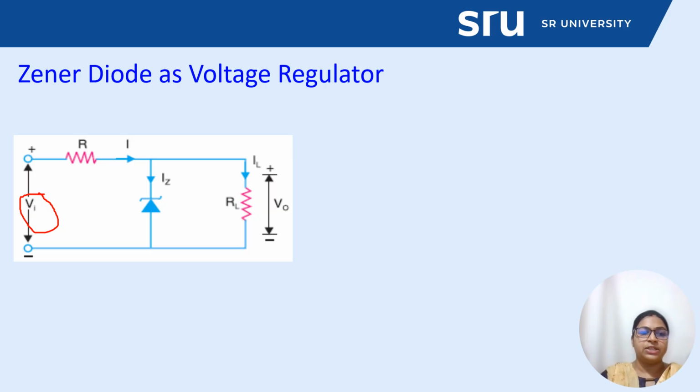The current flowing through the whole circuit is I, the current passing through the Zener diode is IZ, and IL denotes the load current. In a voltage regulated power supply unit, the output voltage is constant and independent of the variation of input voltage and load resistance.